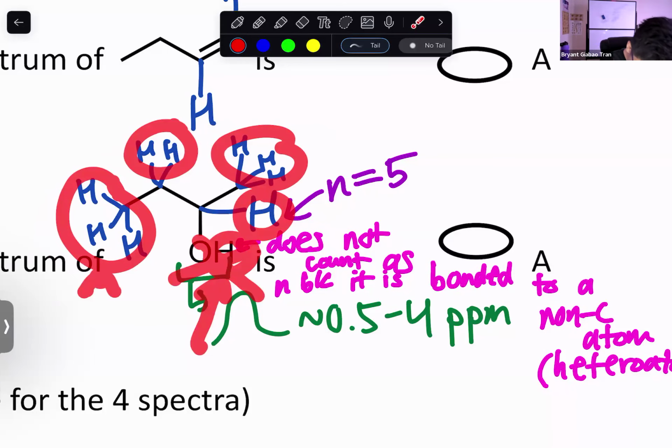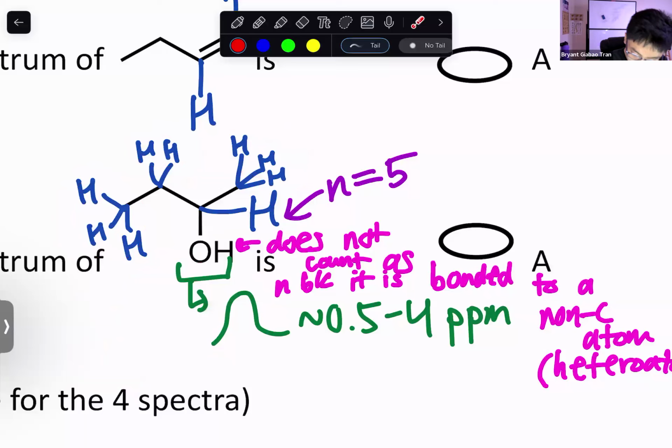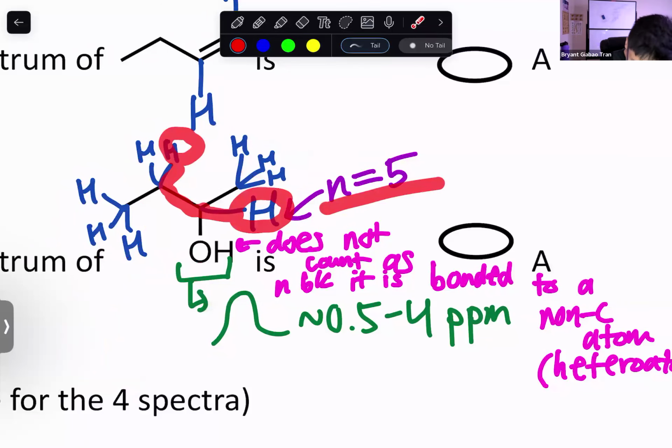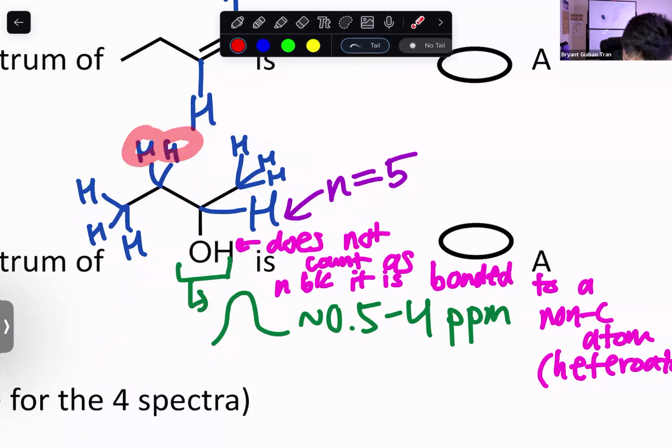Even though there are 3 hydrogens on that carbon right there, that counts as 1 unique peak, and that counts as 1 unique peak because they share the same chemical environment, right? But we're not figuring out the number of unique peaks here. We're trying to figure out the number of neighbors that this specific hydrogen has, which means we have to count all the individual hydrogens 3 away, right? Even though there's 2 here, those will be considered separate neighbors, different neighbors.